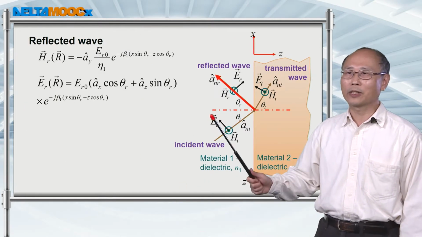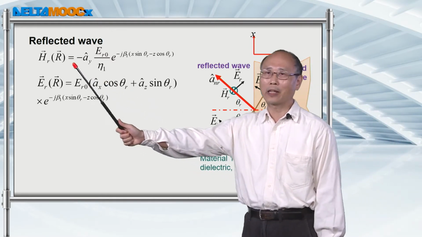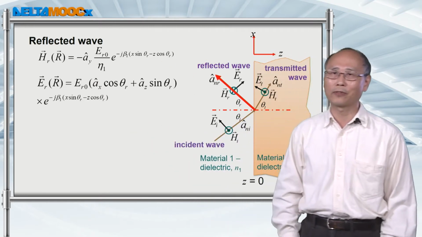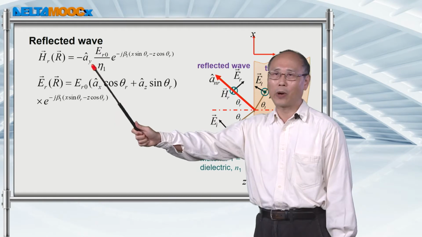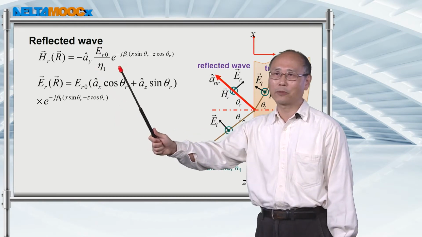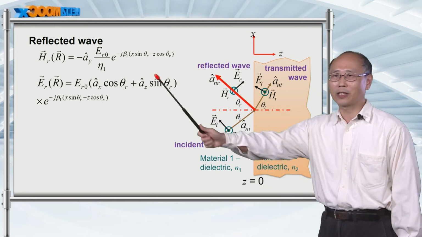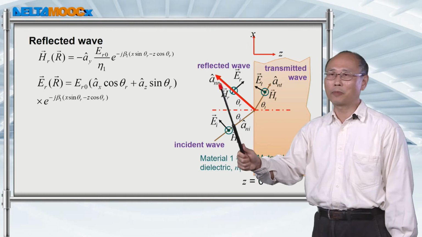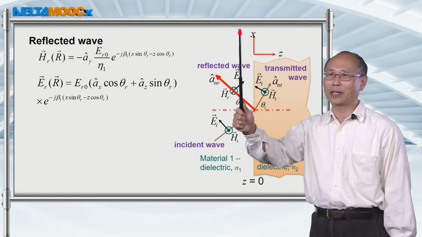So you can do the same thing for the reflected field. Write down the magnetic field first, because the direction of the magnetic field is very simple. You only have component along y direction. So you write down this expression. But you can do a little bit of checking on this expression, because you know that this reflected field will be propagating in the minus z direction and plus x direction.